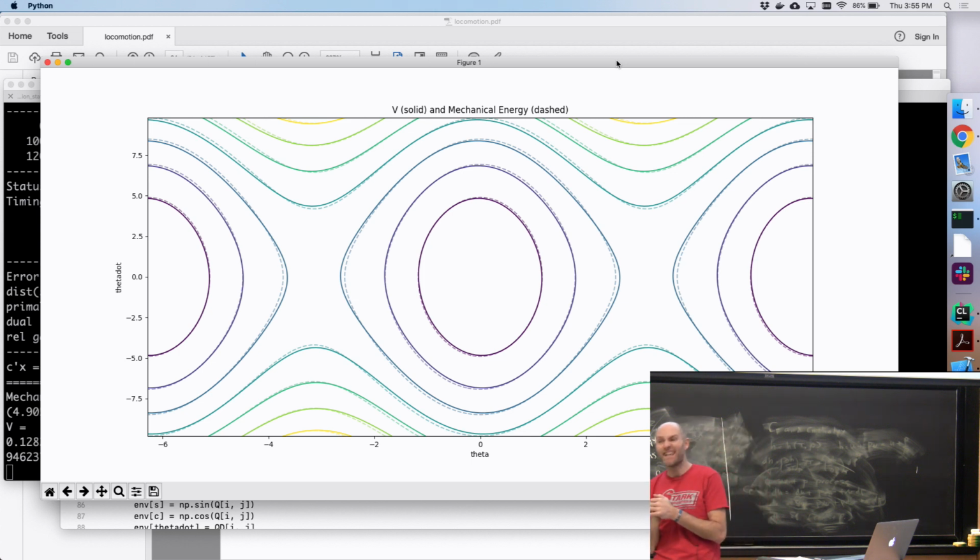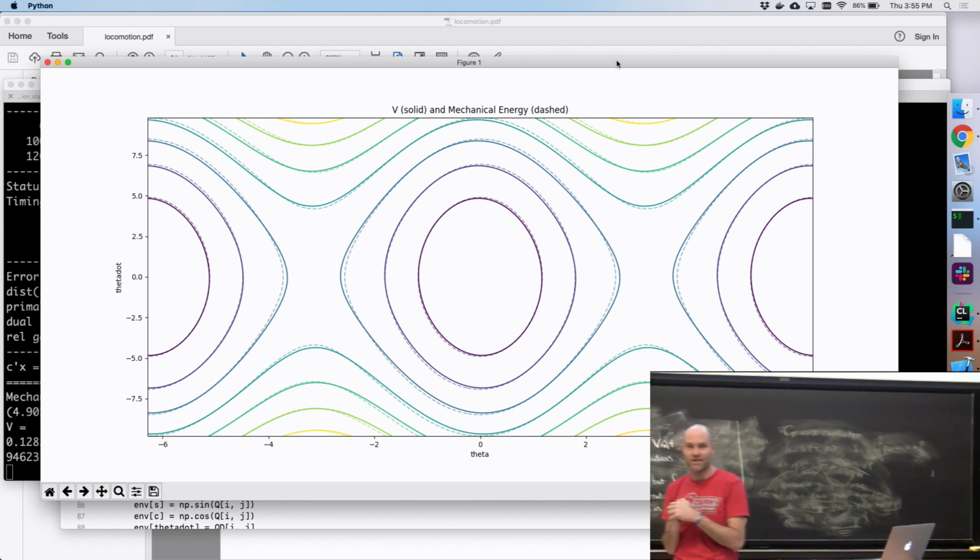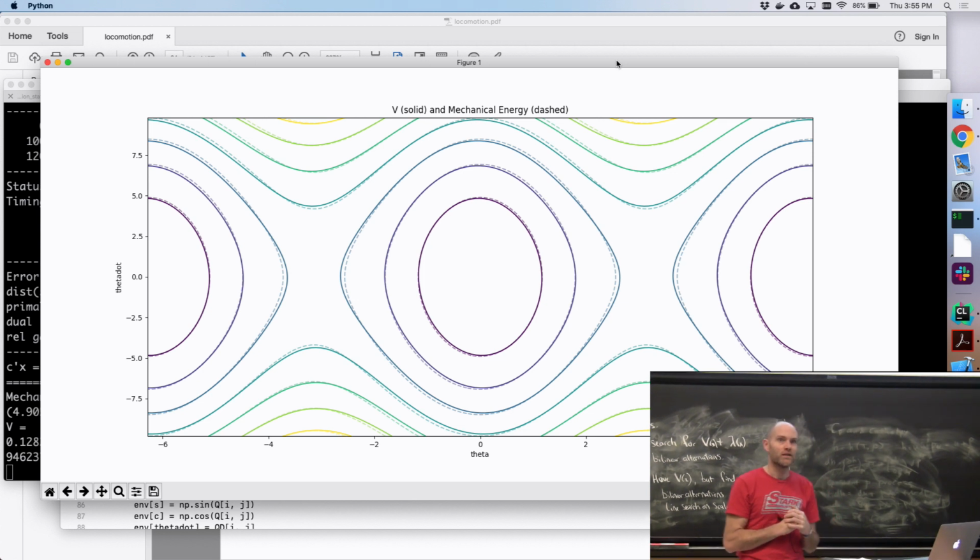It's almost identical to mechanical energy. See the dashed lines hiding behind there? Right, especially with my scaling, that's the reason I chose MGL, that's my scaling, okay? It's almost identical to mechanical energy. It's just shifted a little bit because it doesn't need LaSalle's invariance principle to prove stability.